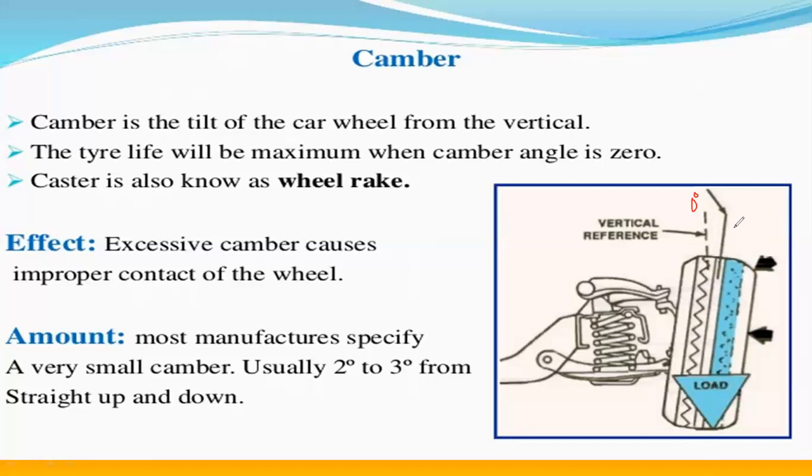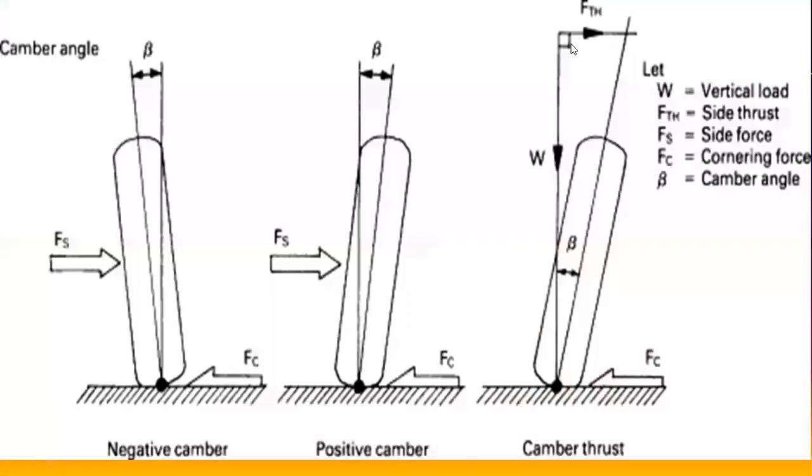You can see what the camber angle is and how we should specify it. The camber angle can be negative camber, positive camber, and camber thrust. In the camber thrust position, you can see W, the vertical load, which is the load acting on the wheel.